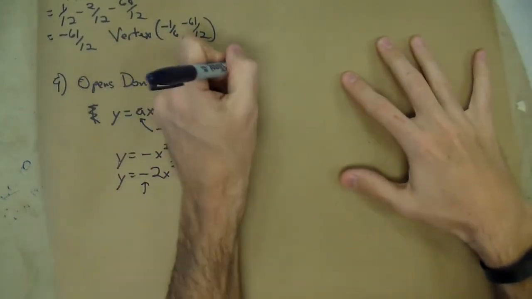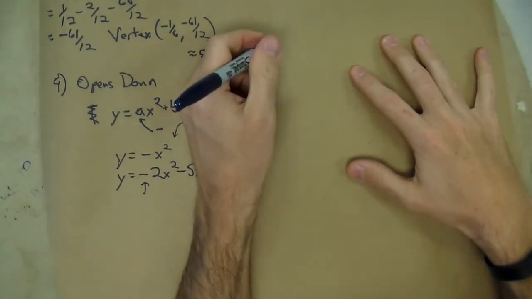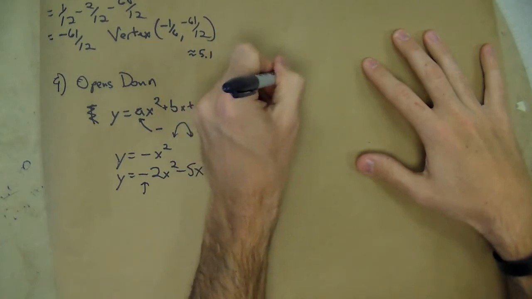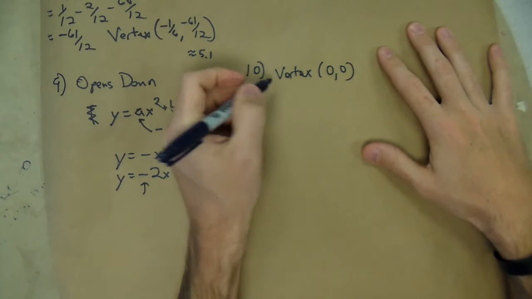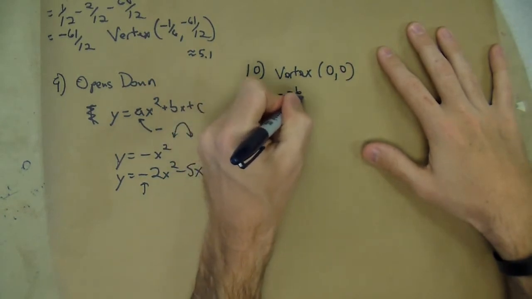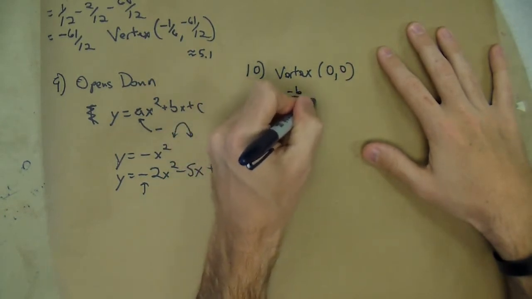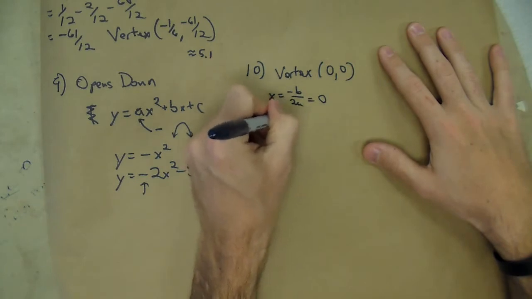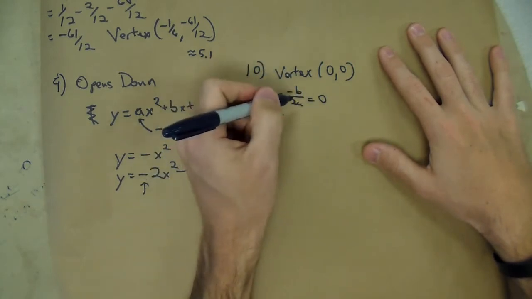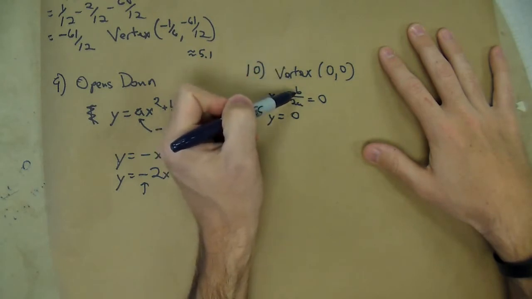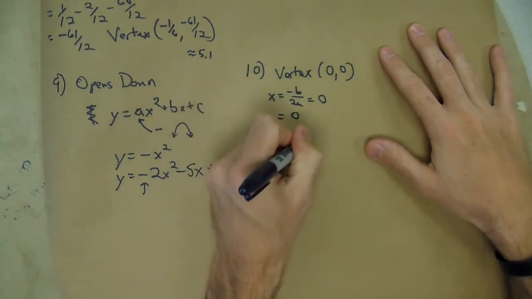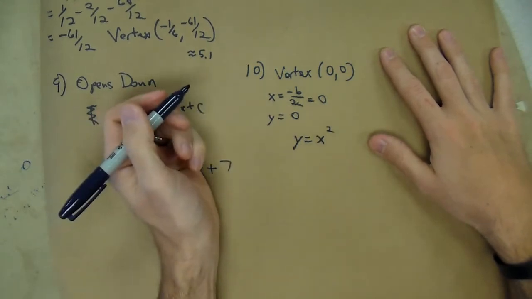If we look at number 10, vertex of the graph is at the origin. So the vertex has to be 0, 0. So one way is if we do the x equals negative b over 2a, that has to be 0. Then when we plug it in, it also needs to come out to be 0. But what we're seeing is the basic form x squared.